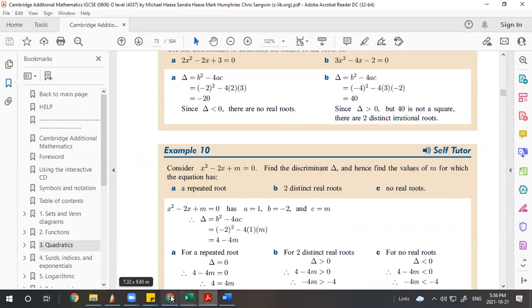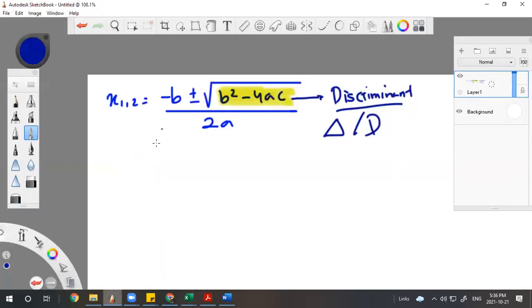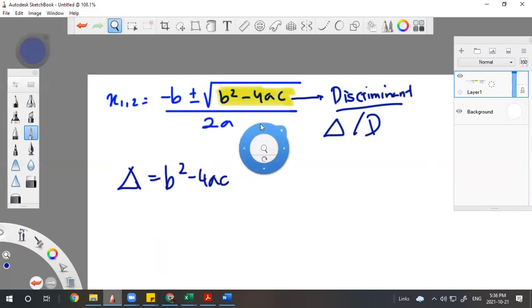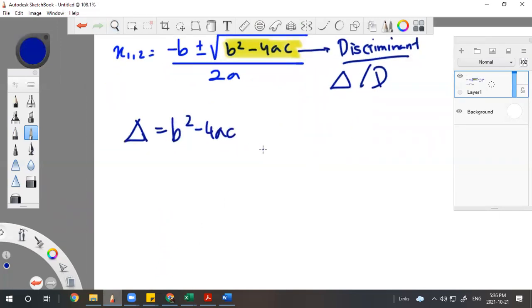So delta equals b squared minus 4ac, without root. Careful, without root. Why is this called the discriminant? Because this will change the outcome of what you see later on.